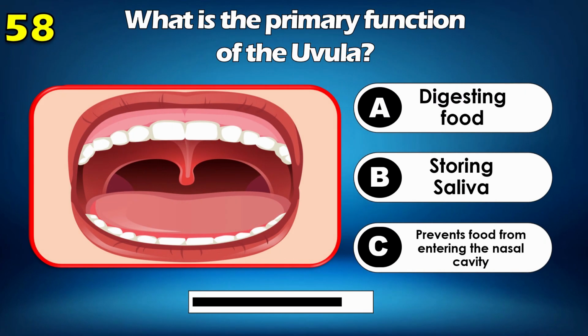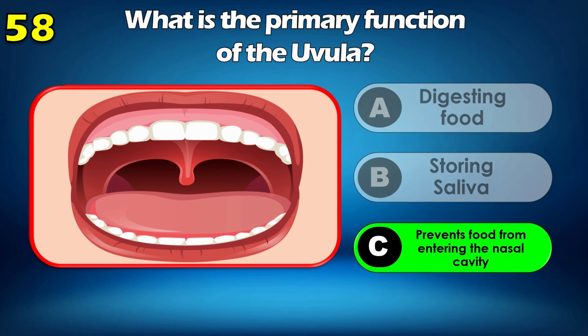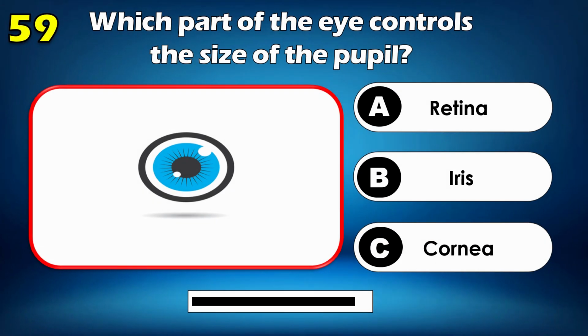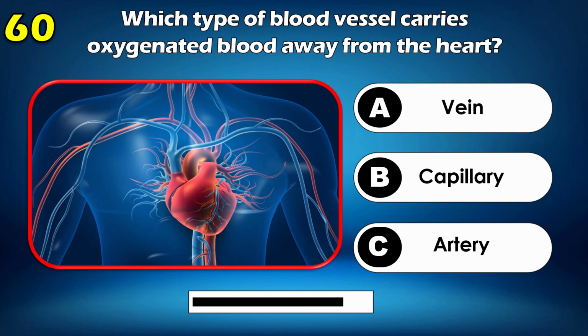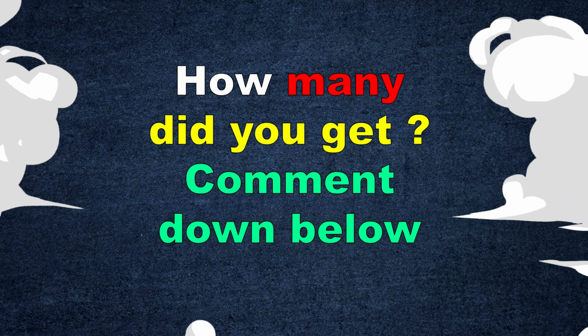What is the primary function of the uvula? Prevents food from entering the nasal cavity. Which part of the eye controls the size of the pupil? Iris. Which type of blood vessel carries oxygenated blood away from the heart? Artery.